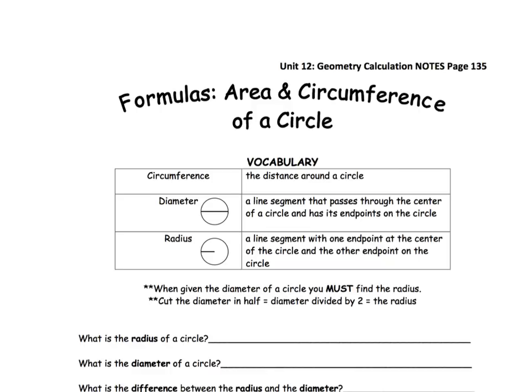The radius is a line segment with one endpoint at the center of the circle and the other endpoint on the circle. When given the diameter of a circle, you must find the radius. To do that, you cut the diameter in half: diameter divided by 2 equals the radius.